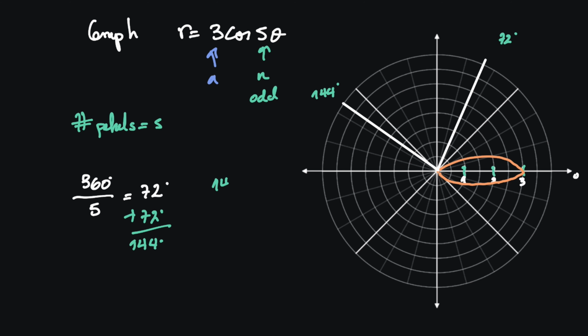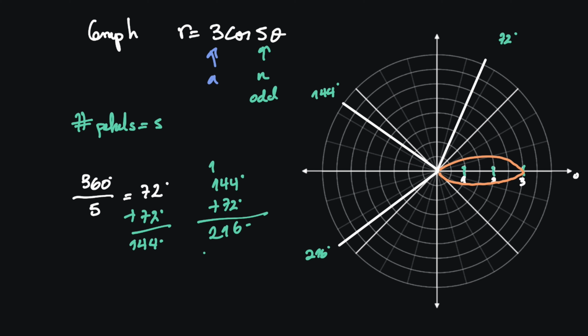So if we take 144 and add 72 more, we get 216 degrees. So remember, this is 180, 30 more is 210, and a bit more is 216. So it's going to be around here, right? So in this position, we're going to have 216 degrees, and we're going to have our fourth leaf.